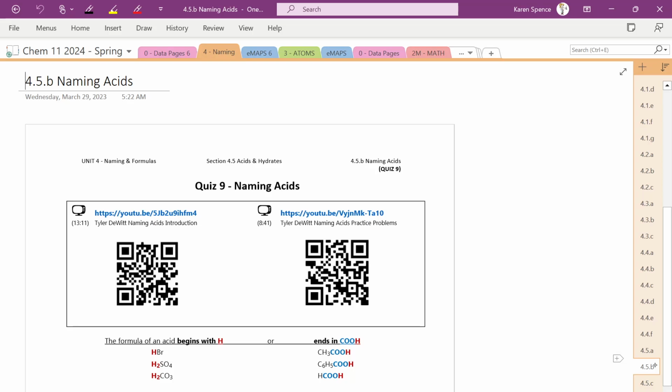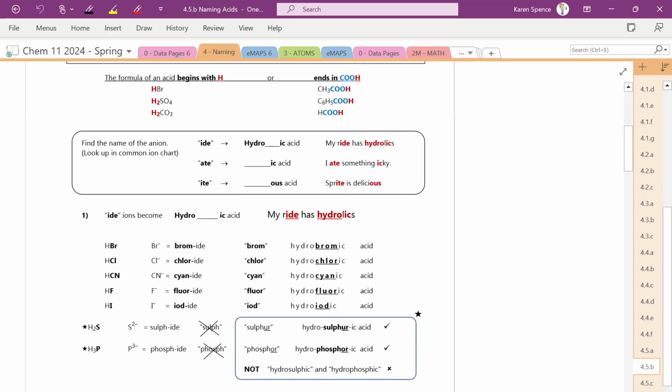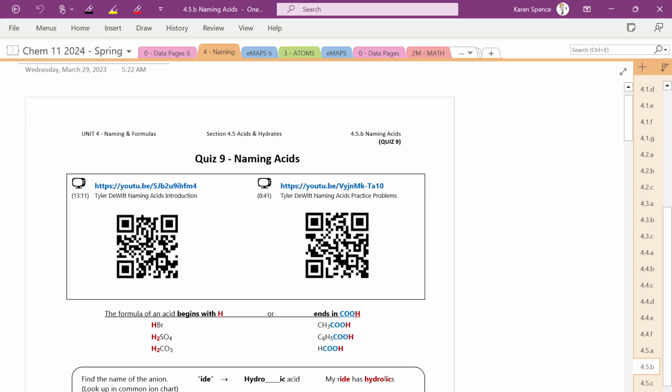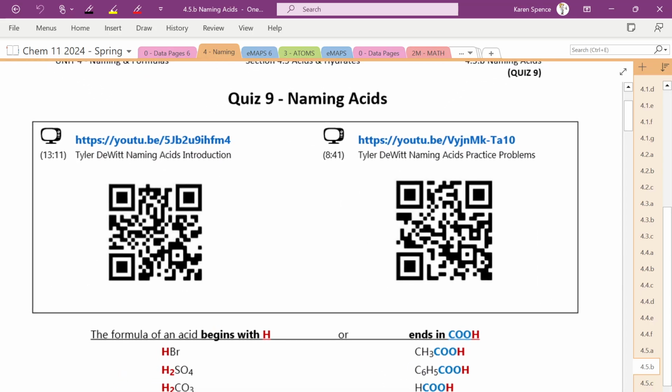Now we're going to go on to page 79. If you are getting stuck on acids, you'll notice we have a Tyler DeWitt video, so feel free to watch those, and he's got some acid practice problems.